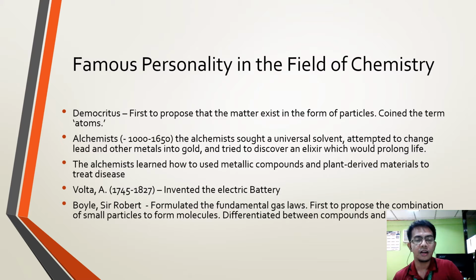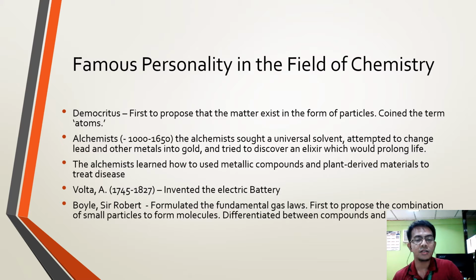Listed here are the famous personalities and their contributions in the field of chemistry. The first one is Democritus. Democritus proposed that matter exists in the form of particles. Then alchemists. The alchemists sought a universal solvent, attempted to change lead and other metals into gold, and tried to discover an elixir which would prolong life.